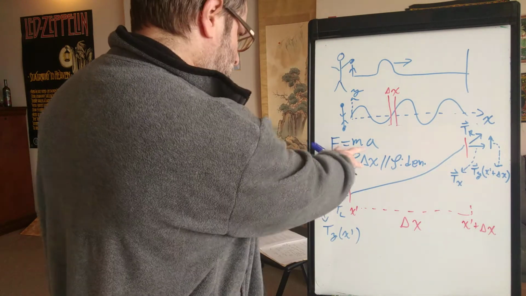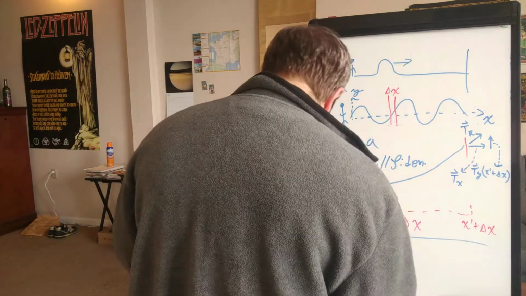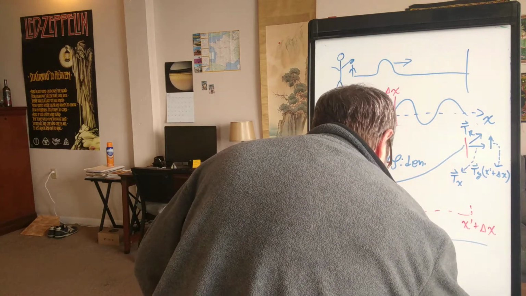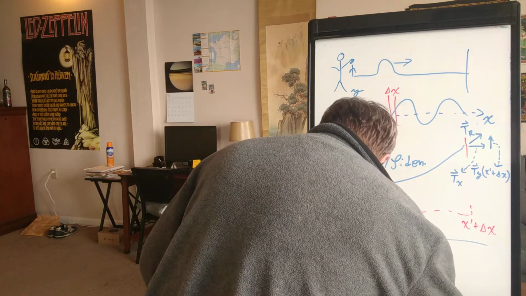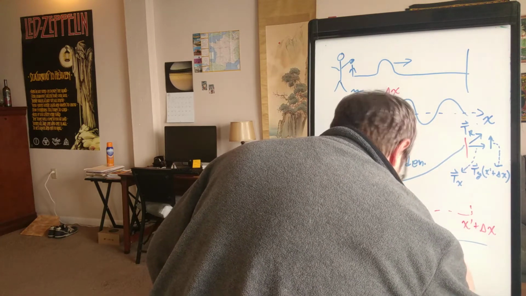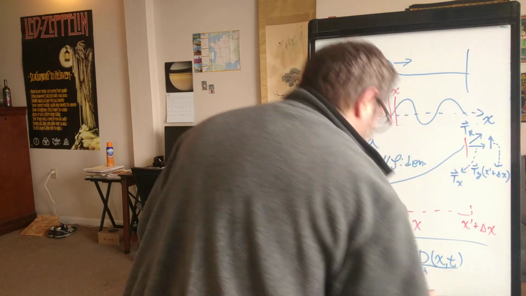And then rewriting this equation down here, the acceleration in the y direction is going to be equal to the second derivative of D, and I'll talk about that in a second, with respect to time, and D is going to be evaluated at x and t, or rather be a function of x and t.